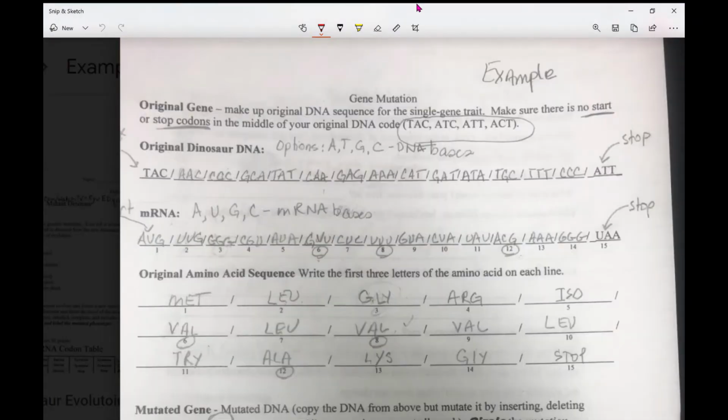Okay, this is page 3 of the packet. We're going to focus on the original DNA of the dinosaur. If you look at this right here, we're going to talk about this real quick. Right here, they tell you which codes you cannot use. Each one of these lines, where the slash is, are codons.